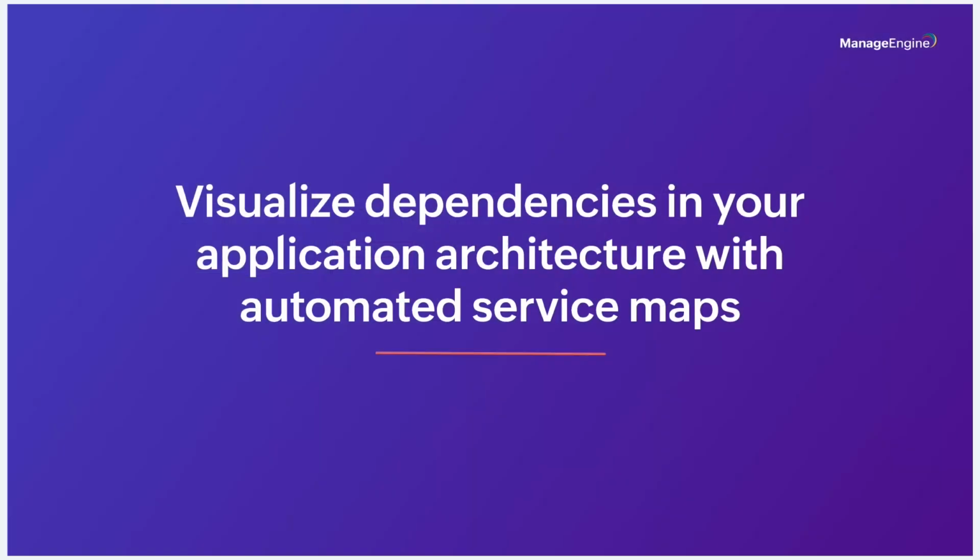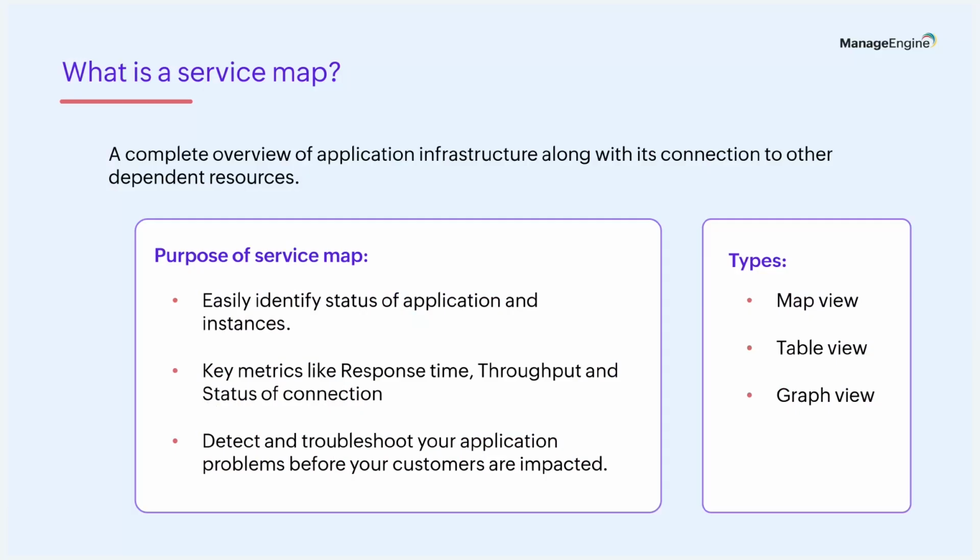So here we can go to the last slide. Visualize the dependencies in your application architecture with the help of automated service maps. So what is a service map? The service map will provide you a complete overview of the application infrastructure along with the connections to other dependent resources.